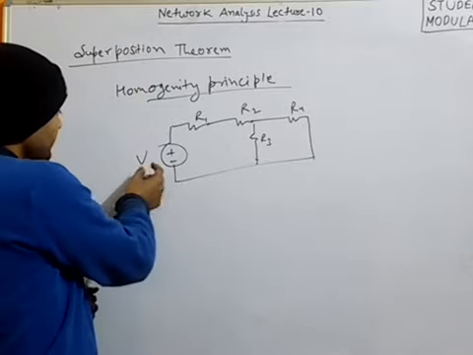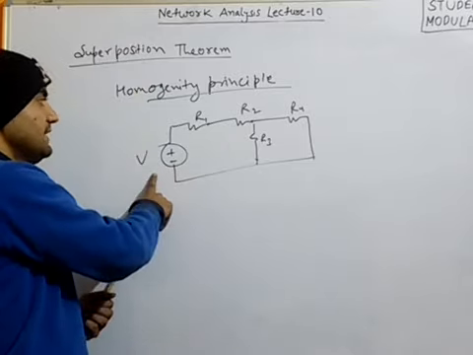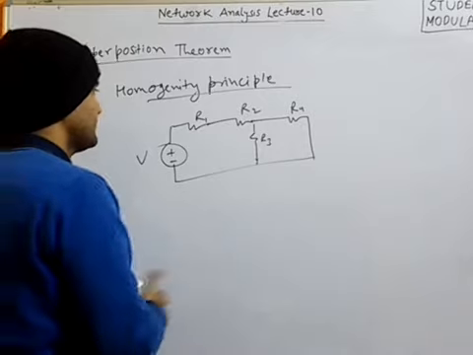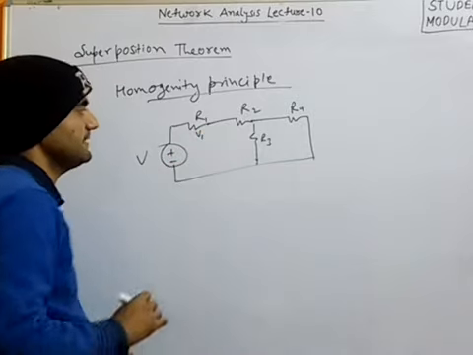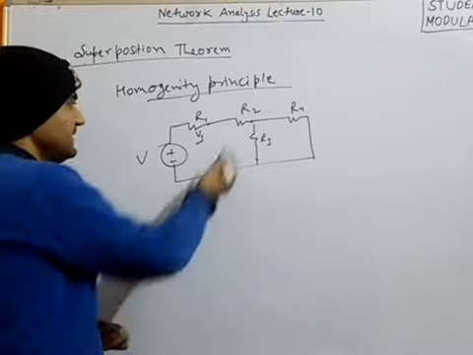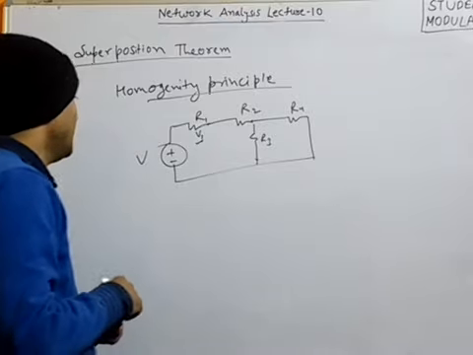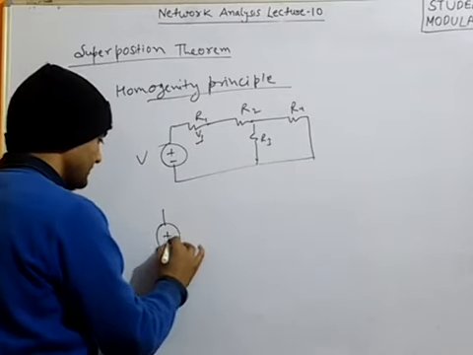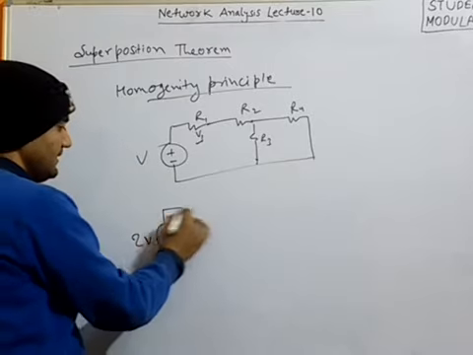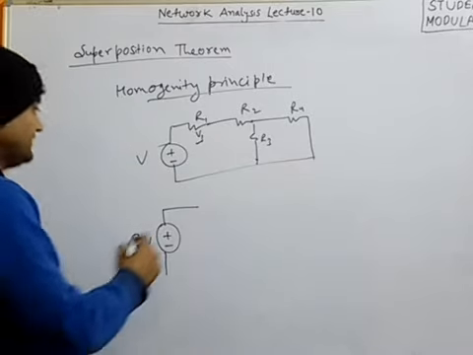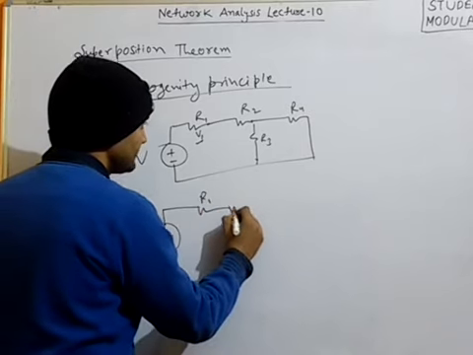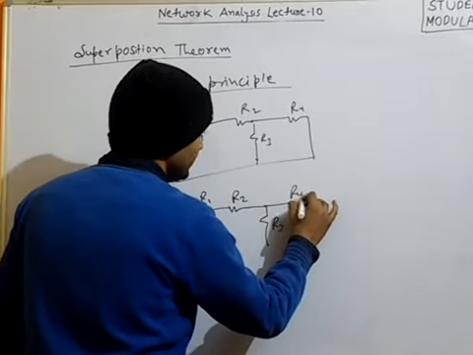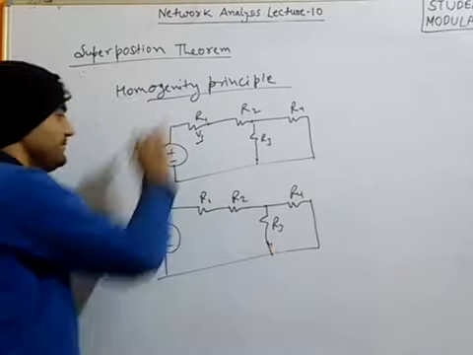Similar to that, if we have a single voltage source V, there will of course be some responses here, means if I am considering V1, then that will be some value, V2 we will have some value. So if instead of V I apply 2V, means I am just scaling it by a factor 2, then what will be the effect on the individual responses? So that is the homogeneity principle.